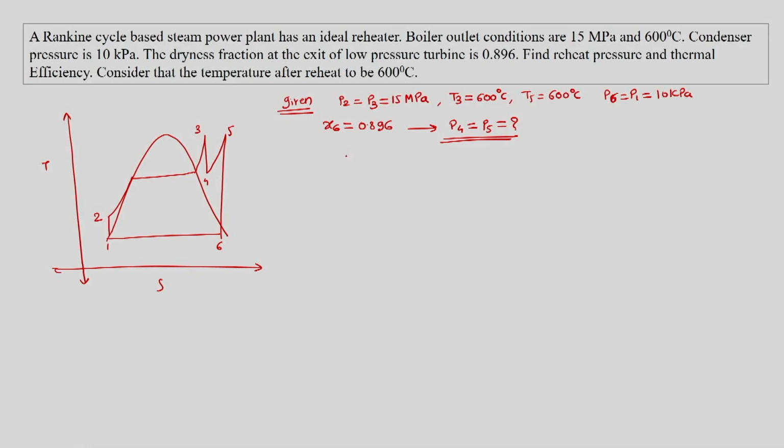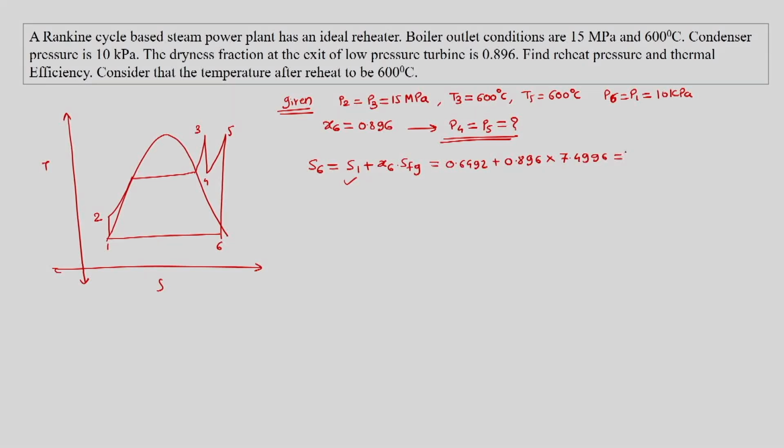So for that we can first find out entropy S6. We know S6 can be found out by saying that it is S1 plus X6 into SFG. S1 can be found out as 10 kPa liquid saturation entropy, which is 0.6492, plus 0.896 into SFG, which is 7.4996.